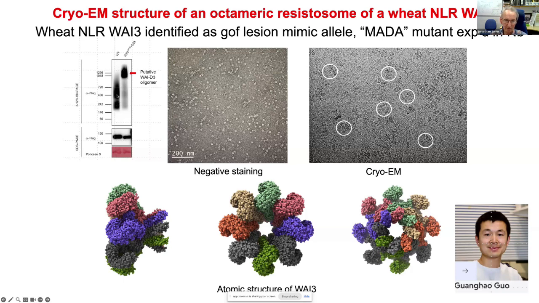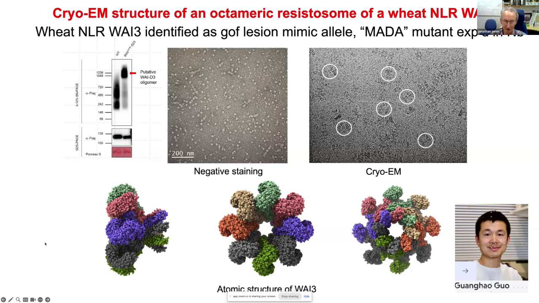The wild type doesn't form these oligomers, and so working with Hajau, we put it on grids, and with Silver Edge could see in negative staining these entities, and enough structures in cryo-EM to solve the structure, and it forms an octamer.